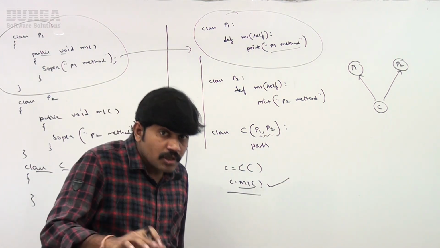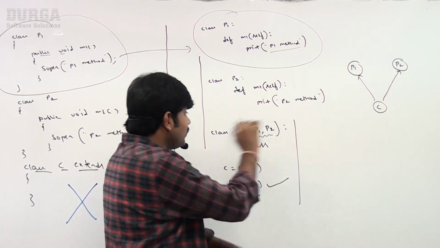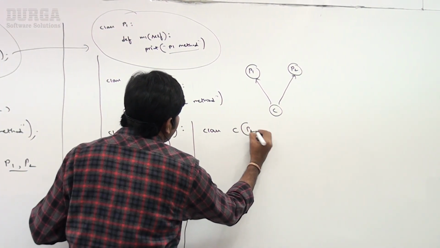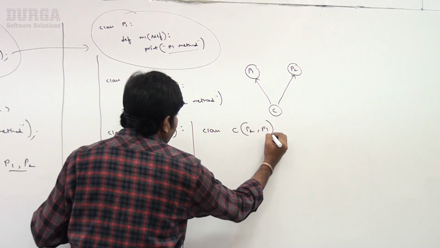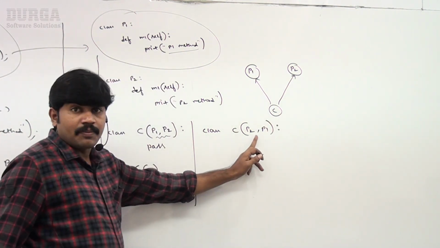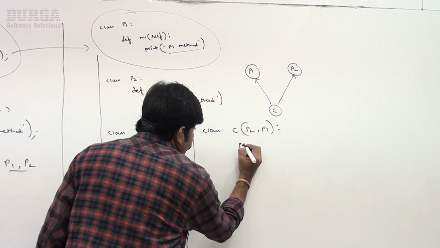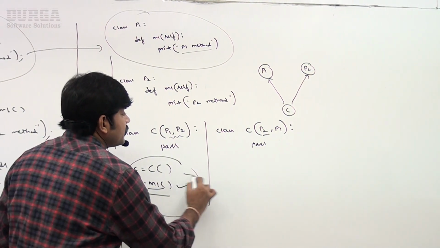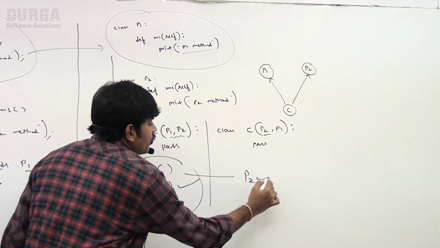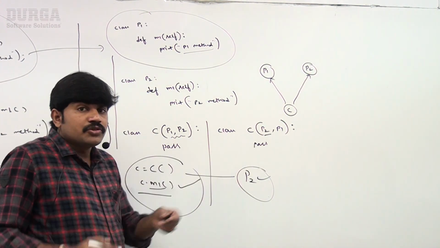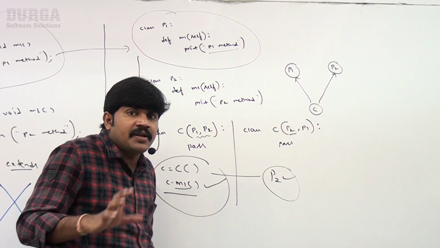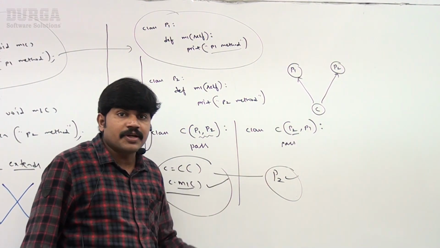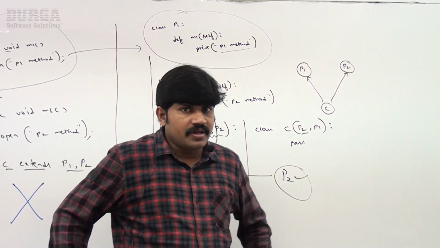Suppose I interchange the order, something like class C of P2, P1. Which parent class did we take first? P2. Then the P2 method is going to come, because based on the order in which parent classes are declared, the corresponding method is going to execute. Is it clear?